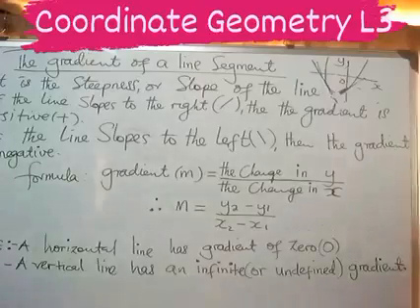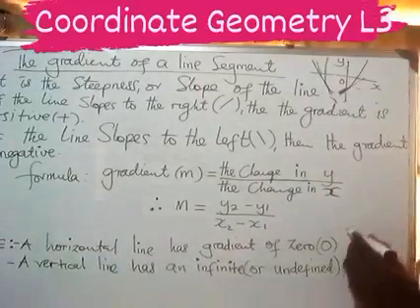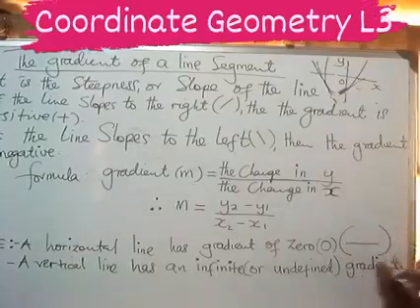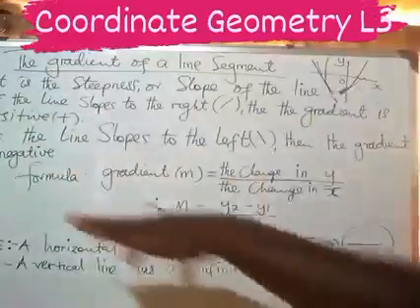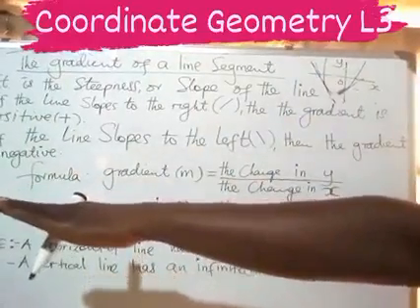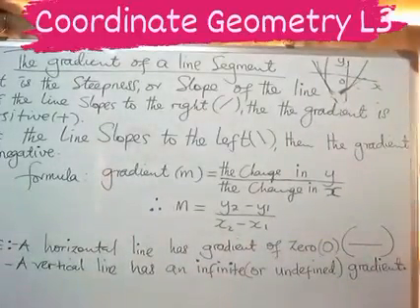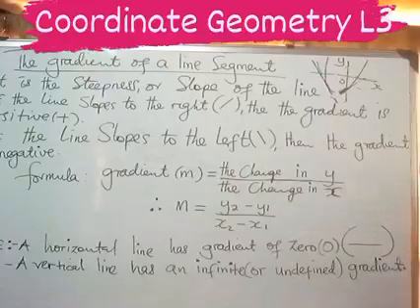Now let us note the following. A horizontal line, a line in the form like this, the x-axis, has a gradient of 0.